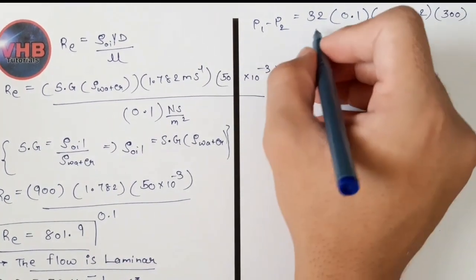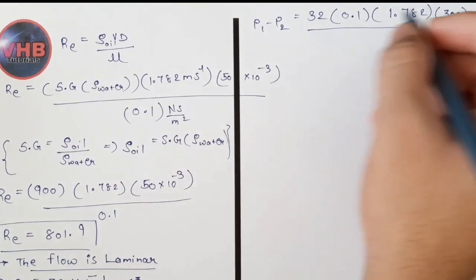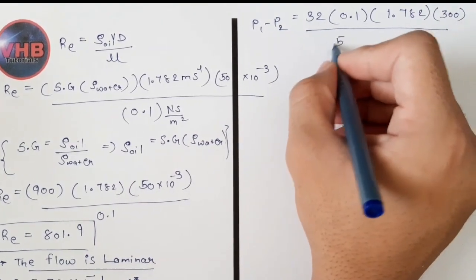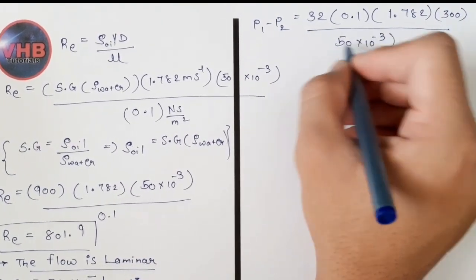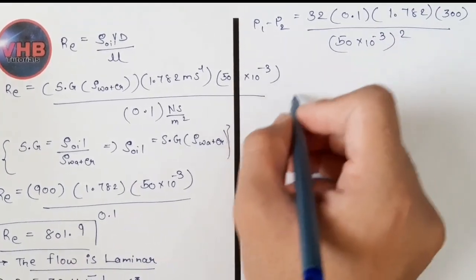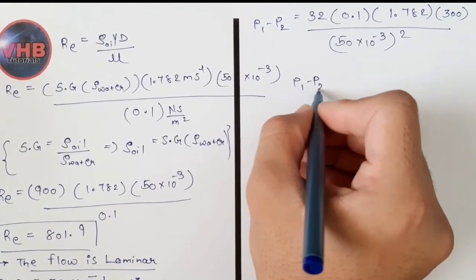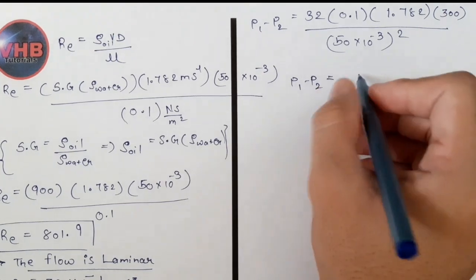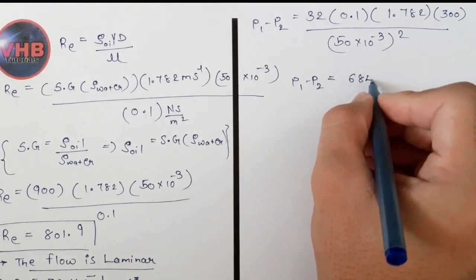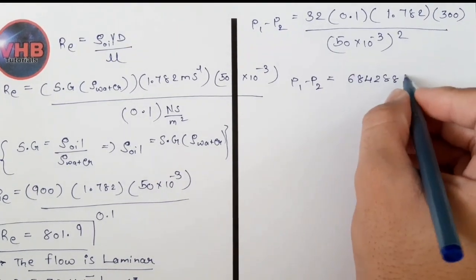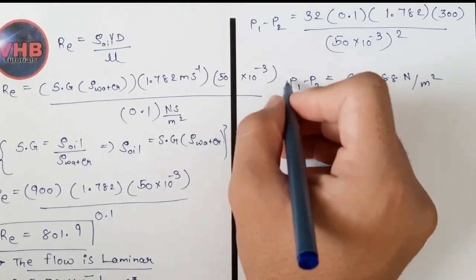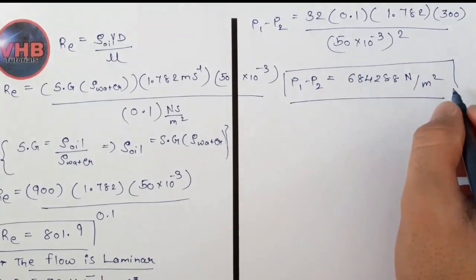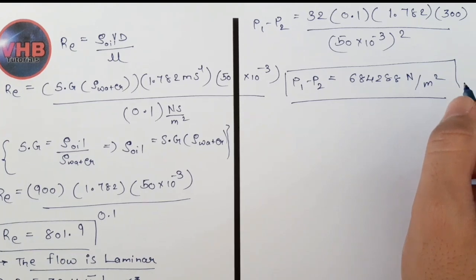So 300 divided by d square, which is (50 into 10 raised to minus 3) the whole square. If you calculate this, we get P1 minus P2 equals 684,288 Newton per meter square. So our first question, to find P1 minus P2, is completed.